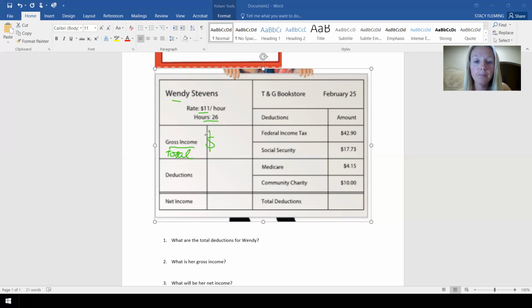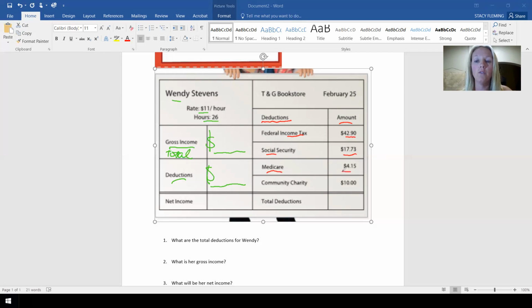Okay, now the next one is on your check, you get deductions, or they'll tell you how many deductions. Here, they've left it blank again, so we have to figure out that amount as well. Over here, if you take a look, it lists all of the deductions and the amount. So federal income tax, $42.90. Social Security, $17.73.